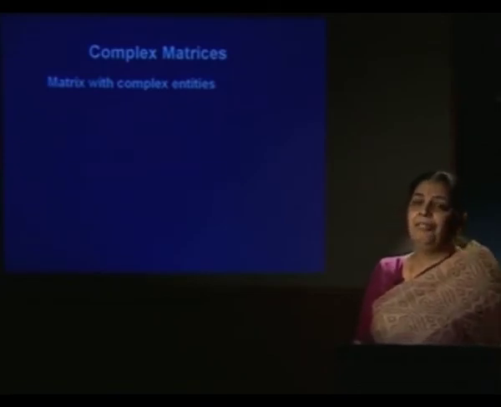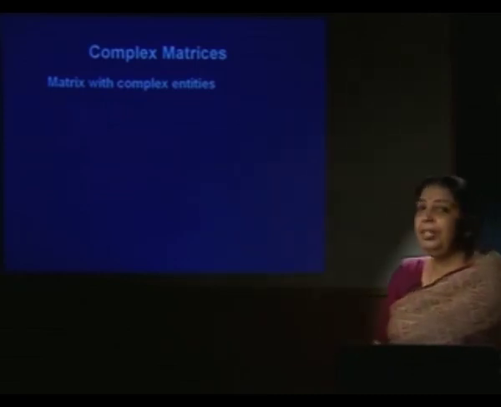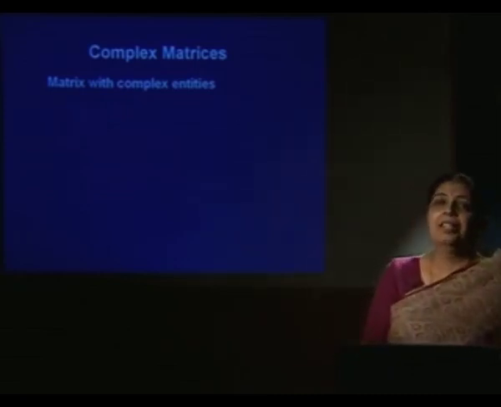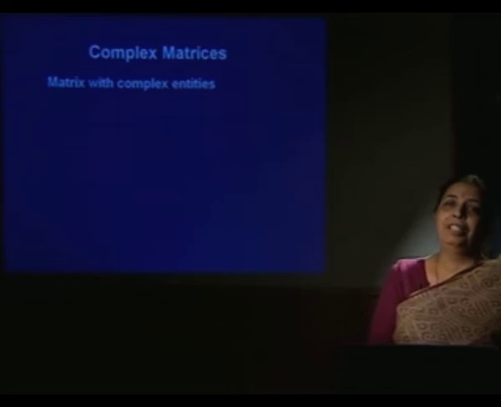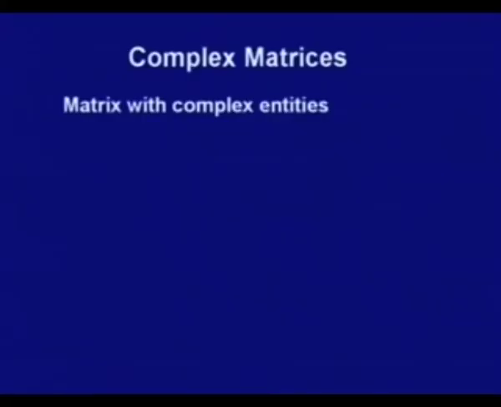After this, we come to the next concept, complex matrices. Viewers, so far we were discussing matrices which have real elements, but they can be complex also, and such matrices come under complex matrices. So, if we have a matrix with complex entries, then we have a complex matrix.